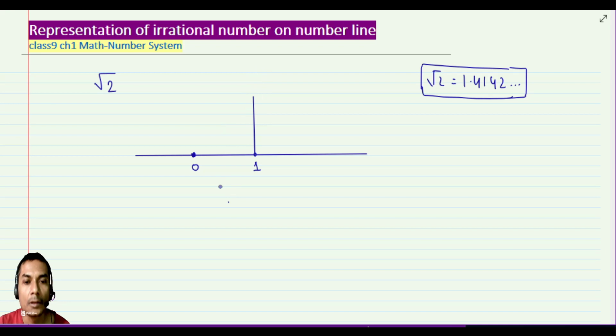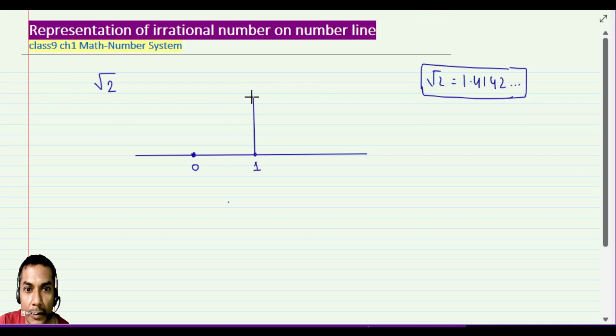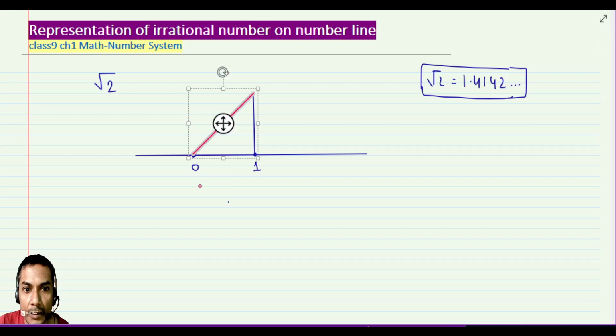Then we connect this line to complete the triangle. This is a right angle triangle. Clear.